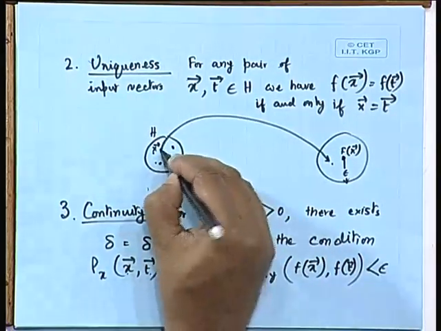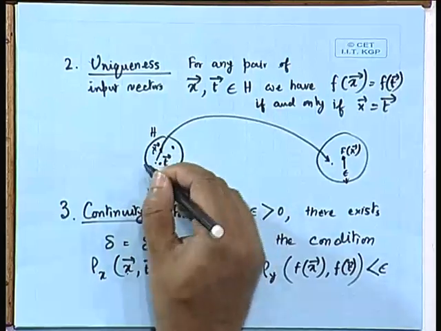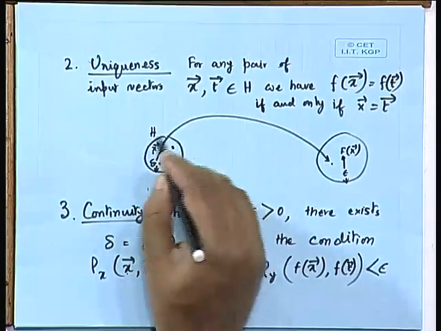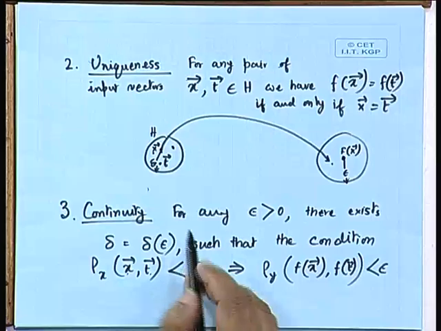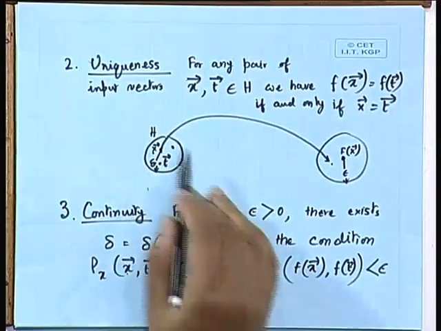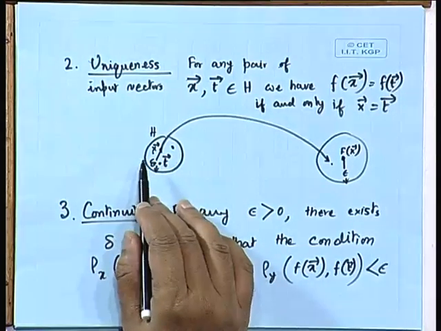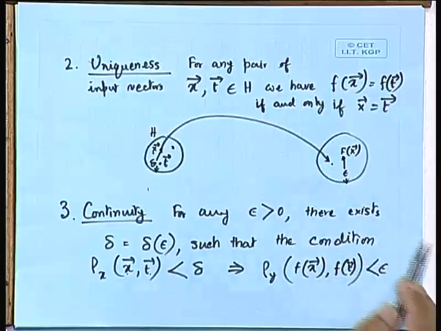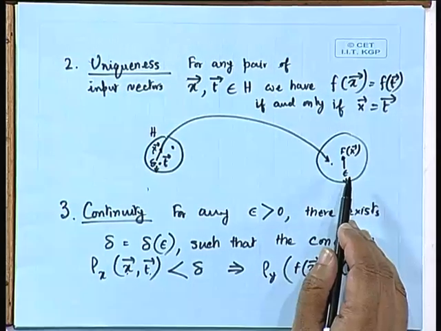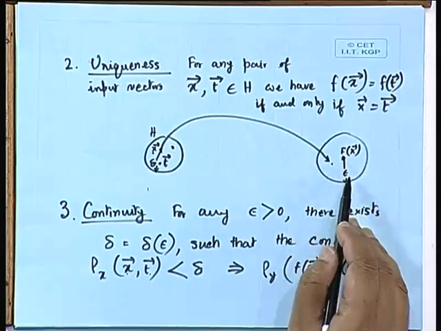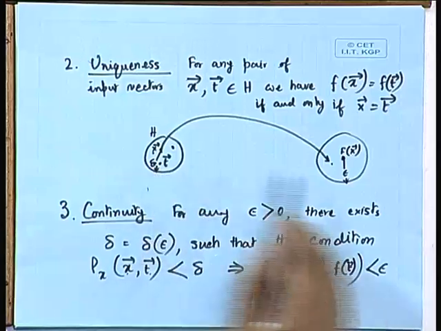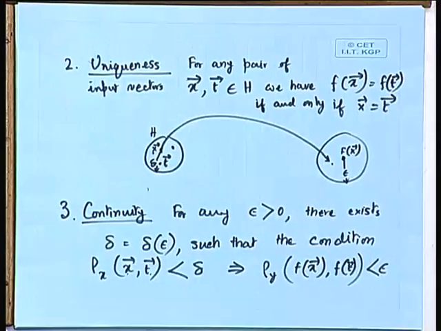So, if this is x and we take a region of radius delta surrounding it, delta is the region that we are taking from the input space, then correspondingly it gets mapped into the region centered around this with radius epsilon. So, delta is being mapped into epsilon. If such a kind of mapping exists from this to this, then it is continuity.